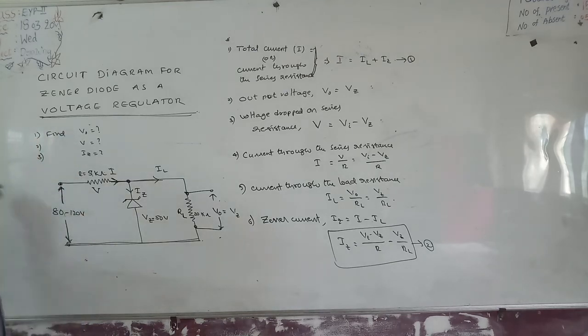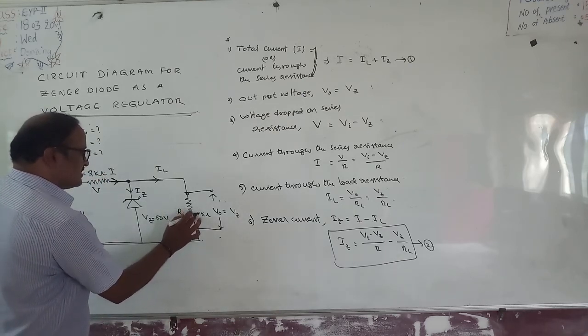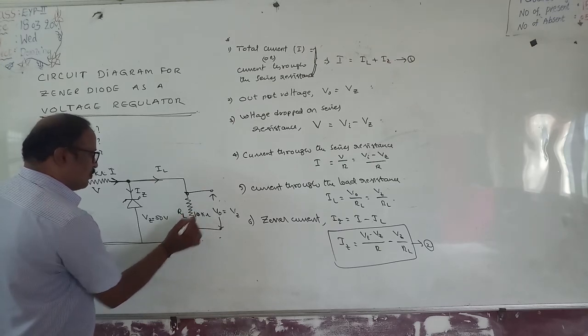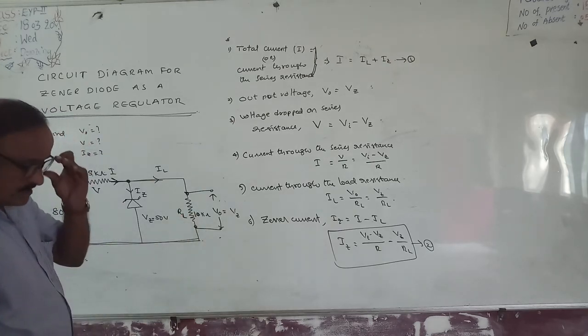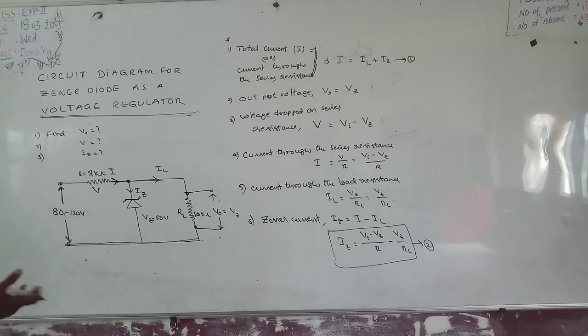Series resistance is equal to 5 kilo ohms and output load resistance is equal to 10 kilo ohms. Vz is equal to 50. Find the value of maximum and minimum Zener currents.